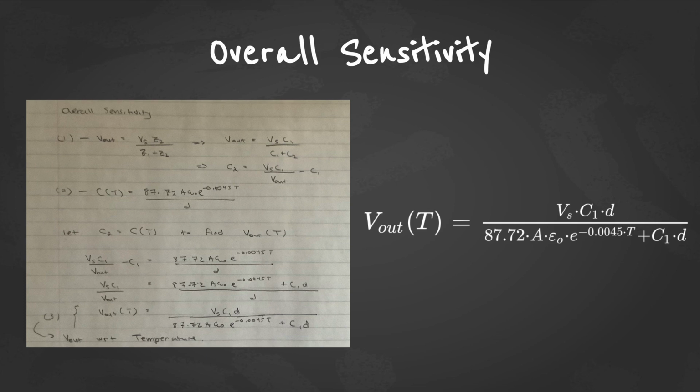This is essentially our V out with respect to temperature, and you can see this equation on the right side, outside of the paper, in a more neat format.